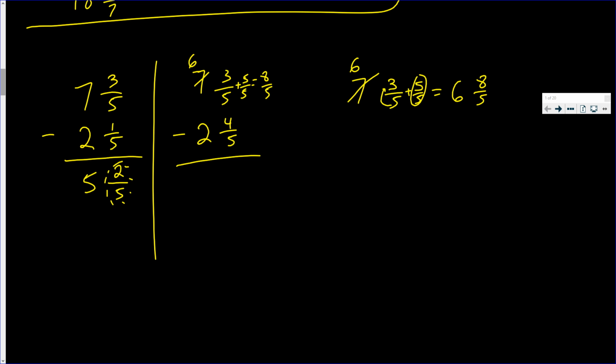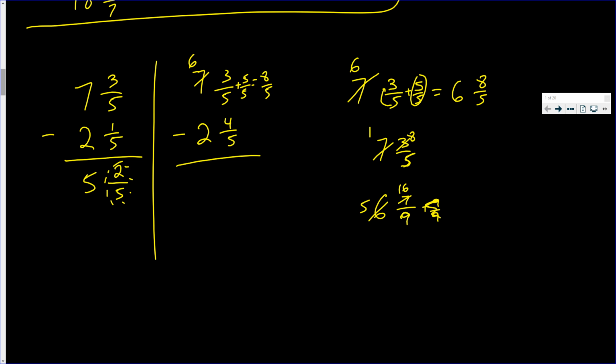Again, when you have 7 3/5 and you borrow 1, you have every right just to add the bottom number to the top. If you have 6 7/9 and you borrow, you really want to add 9 over 9. That is, you want to add 9 to that top.